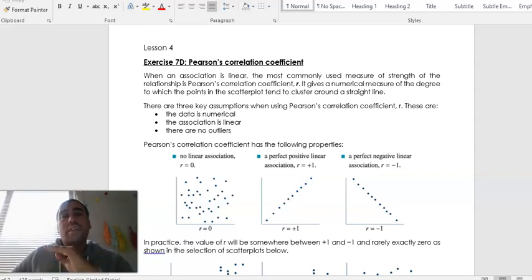Your calculator does it all for you. With this number, you then fit it into a certain category, and that category will describe the type of association between two variables.